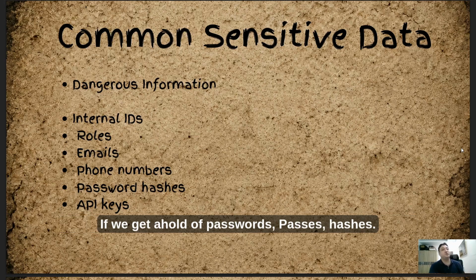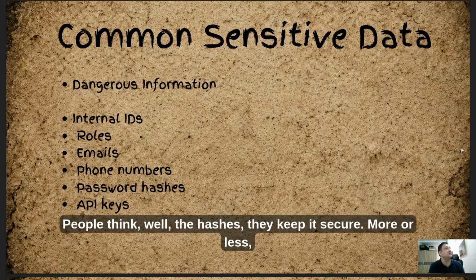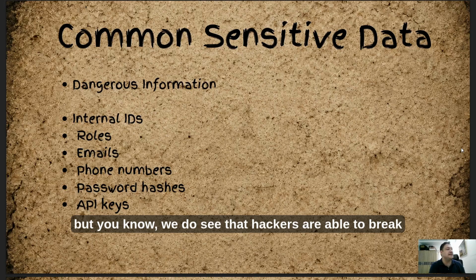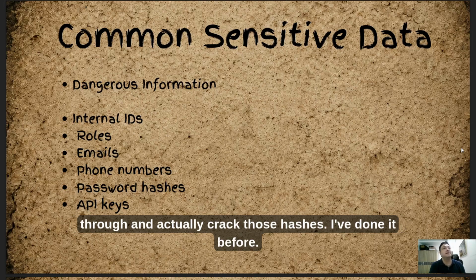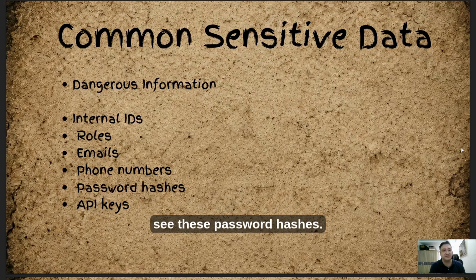If we get a hold of password hashes, this is also very dangerous. People think, well, the hashes, they keep it secure. More or less, but we do see that hackers are able to break through and actually crack those hashes. I've done it before. This is not impenetrable, so obviously it can happen. So we need to think about the risks when we even see these password hashes.